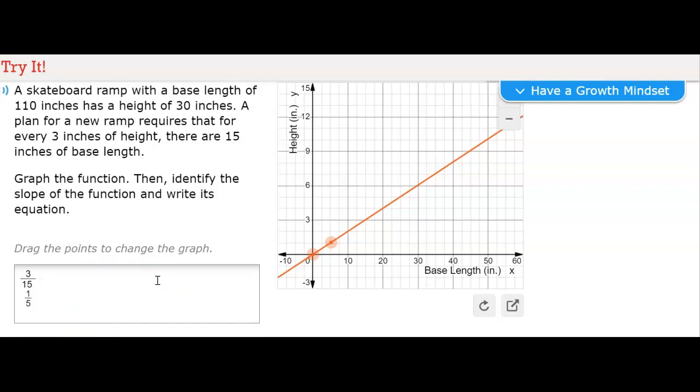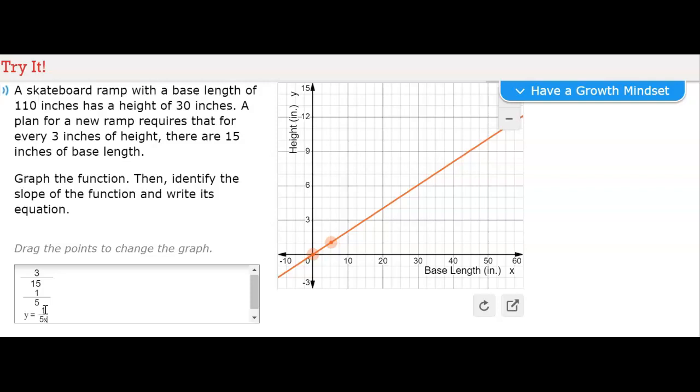So the equation would be y is equal to 1/5 times x. So that is our equation.